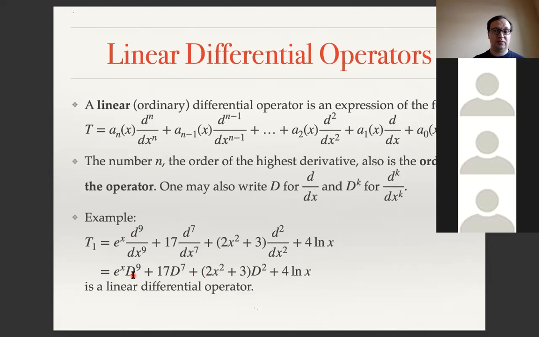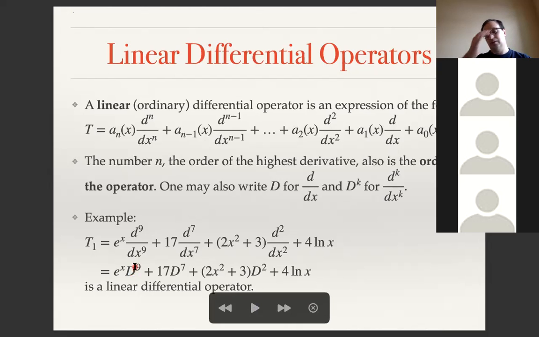This is also pretty convenient notation because one can do some computations with it. One can try to even factor these operators, though that doesn't work the same way as for numbers because this operator does not commute with functions. Anyway, this capital D notation is somewhat usual in writing linear operators.